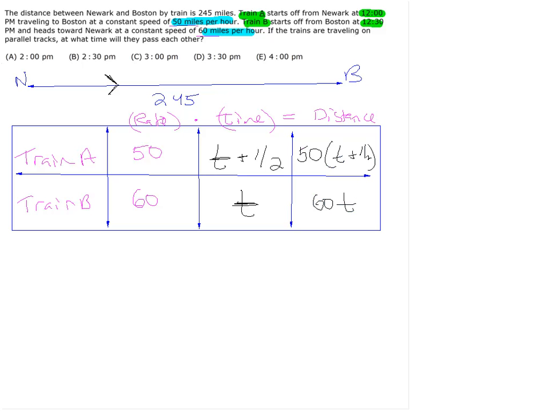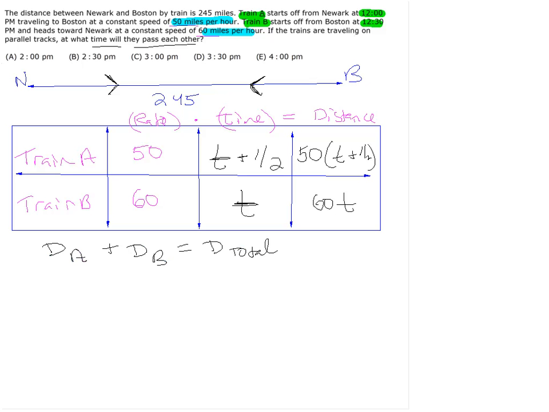Now, because the two trains are converging, one leaves from Newark, one leaves from Boston, and we want to know at what time they will pass each other, we have another converging rate question. Remember, in converging rate questions, the distance of object A, in this case a train, plus the distance of object B, in this case a train, has to sum to the total distance between the two.